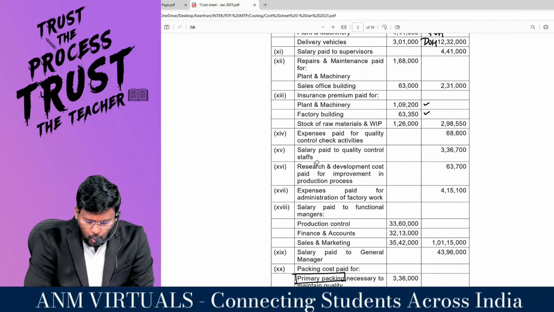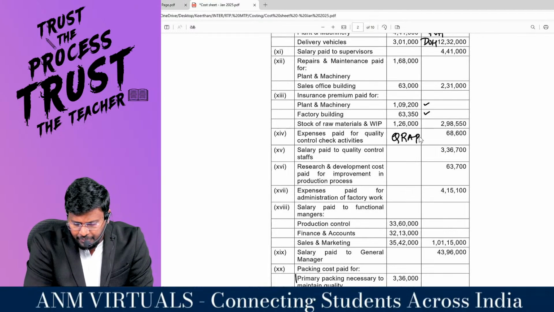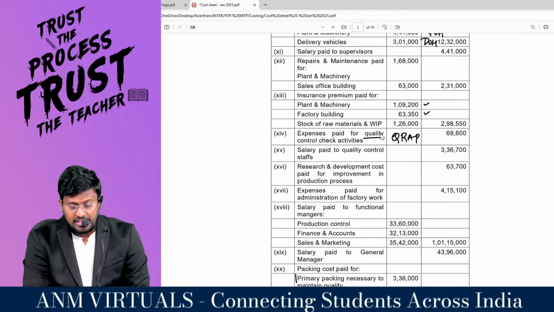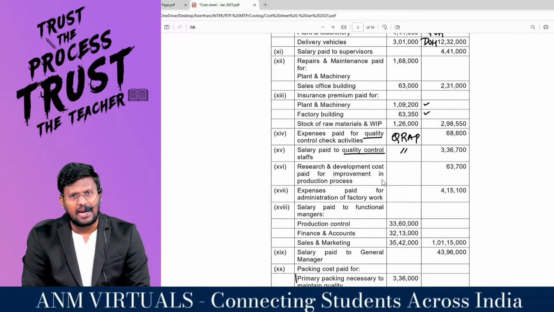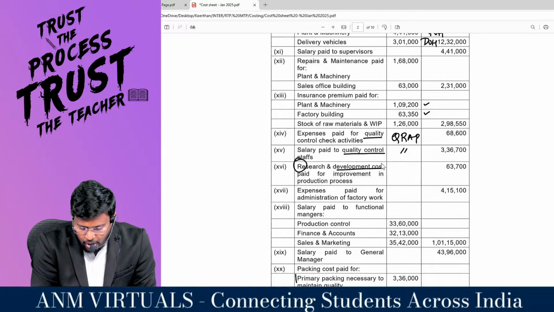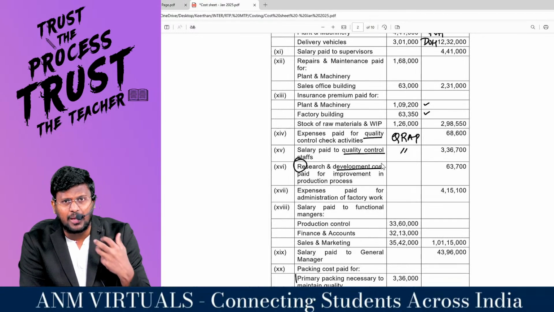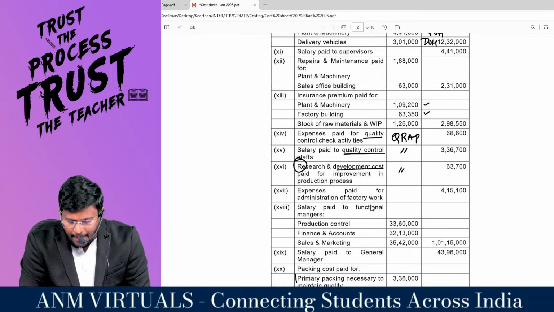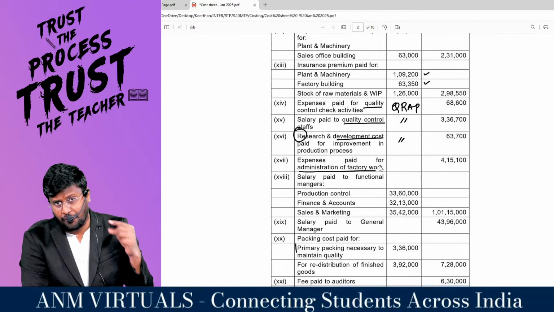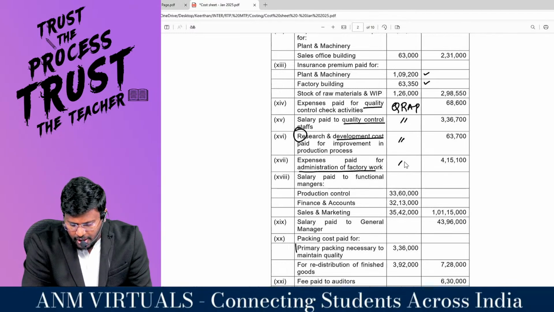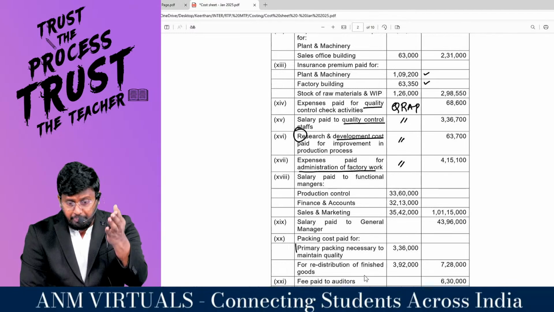Sir, look here. Expenses relating to quality control check activity, which is QRAP minus scrap. Salary paid to quality control staff, QRAP minus scrap. Research and development costs paid for improvement in the production process, it is QRAP minus scrap. Expenses paid for administration of factory work, which is administration overhead related to production, QRAP minus scrap.